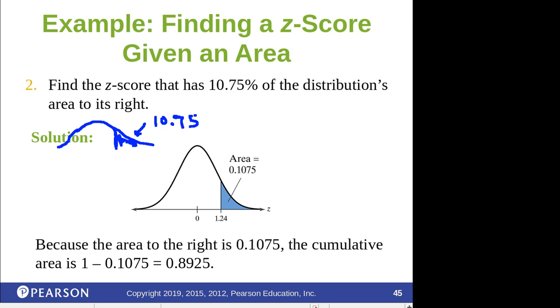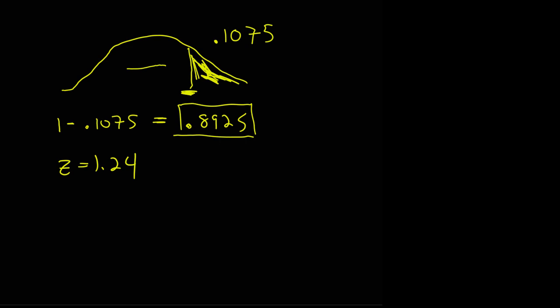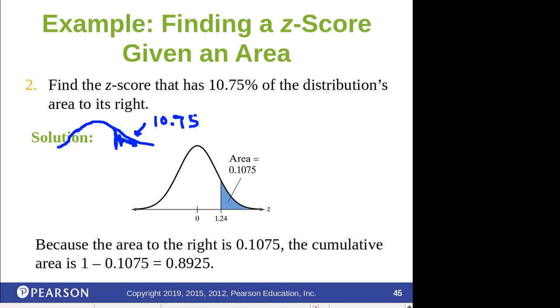And so this corresponds to a z-score of 1.24. 1.24 is the z-score. Right. All right.